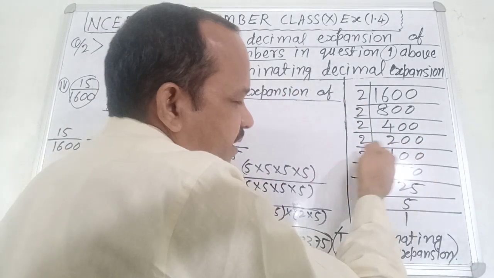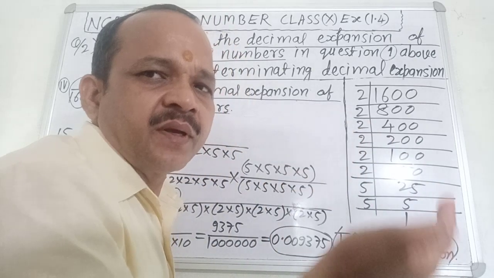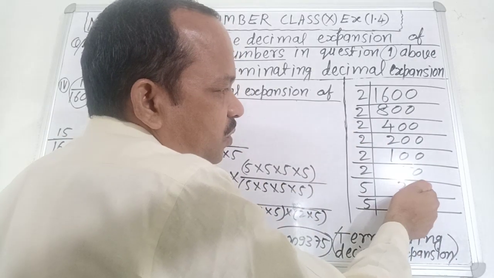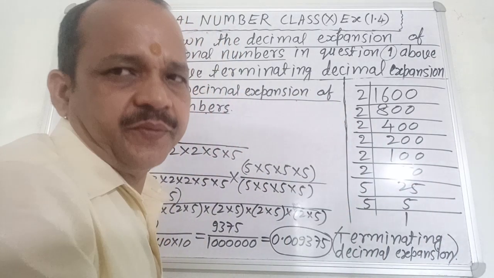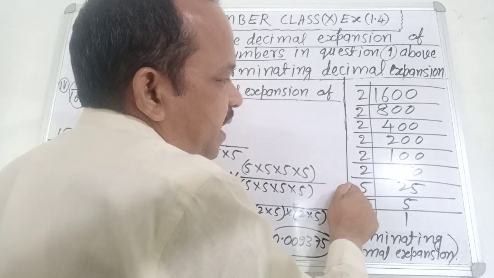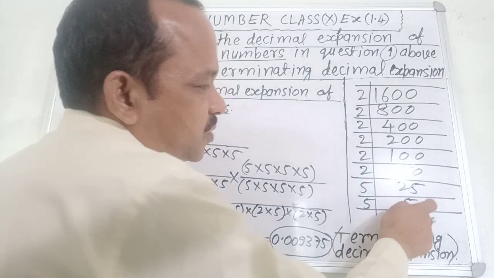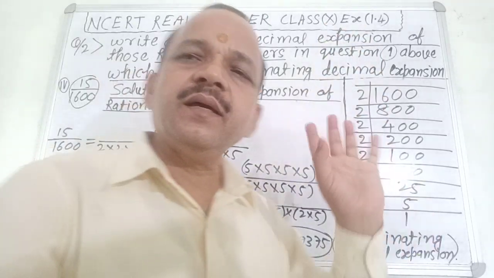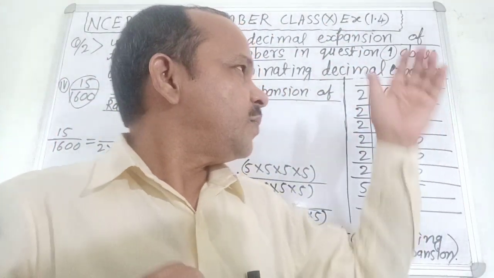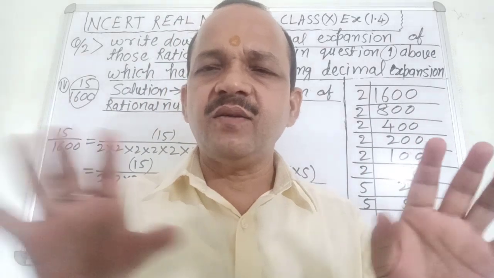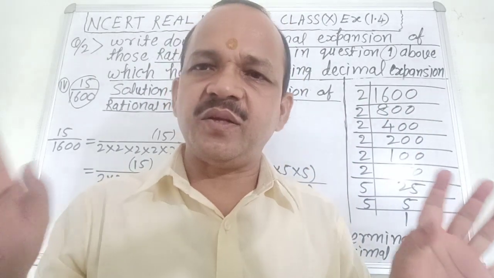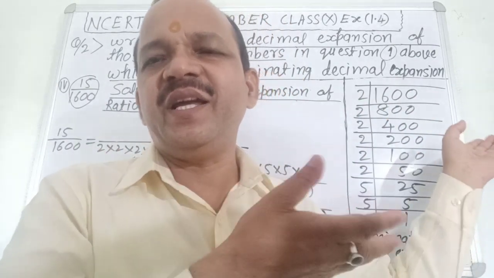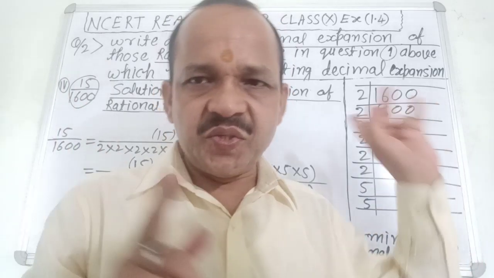Divide 100 by 2, you find 50. Divide 50 by 2, you find 25. Divide 25 by 5, you find 5. Divide 5 by 5, you find 1. These are the factors of 1600. It is easy.